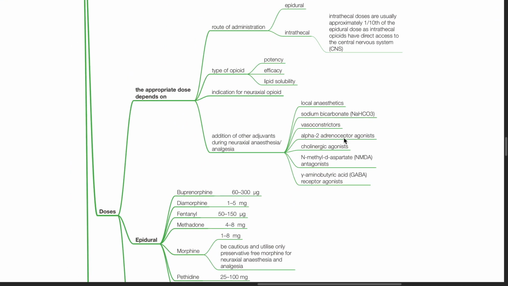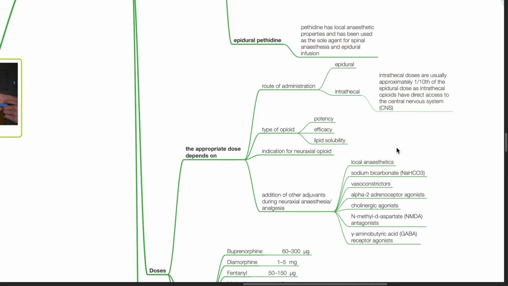Doses. The appropriate dose depends on the route of administration, such as epidural or intrathecal. Intrathecal doses are usually approximately 1/10 of the epidural dose, as intrathecal opioids have direct access to the central nervous system.